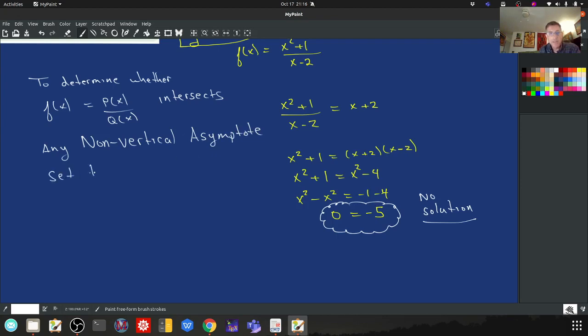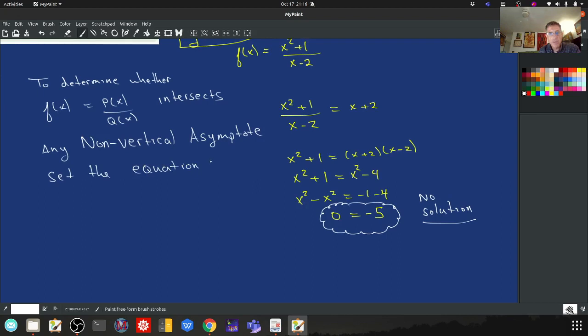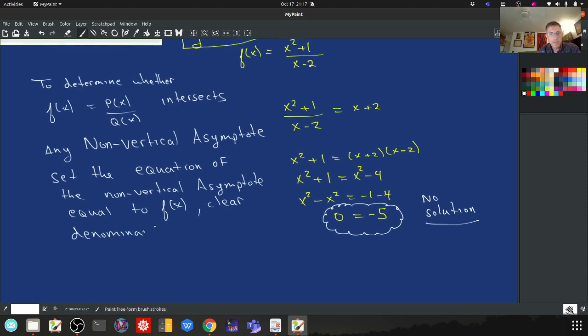Set the equation of the non-vertical asymptote equal to f of x, clear denominators, and solve for x.